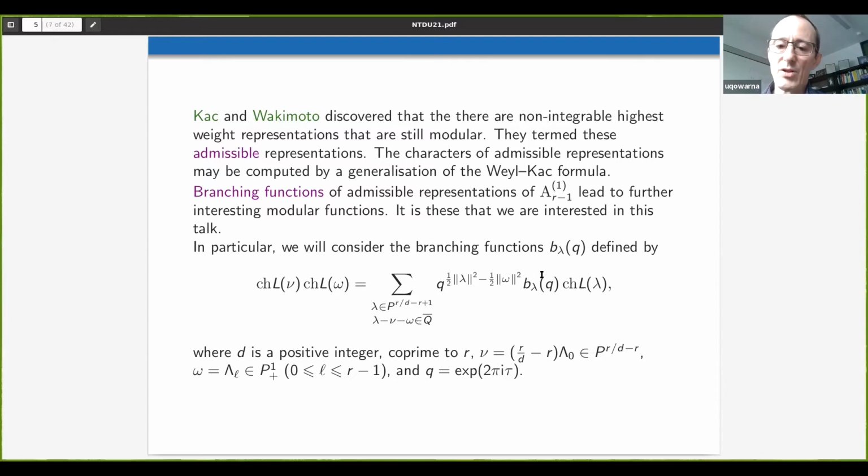And again, it turns out that they have very interesting modular properties. Not that surprising, because we are taking two interesting modular functions, we multiply them together, we expand them in modular objects, so these coefficients in this expansion also have something to do with modularity. Okay, so again, that's probably all I want to say about this.